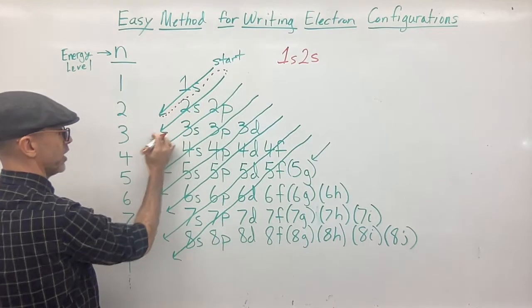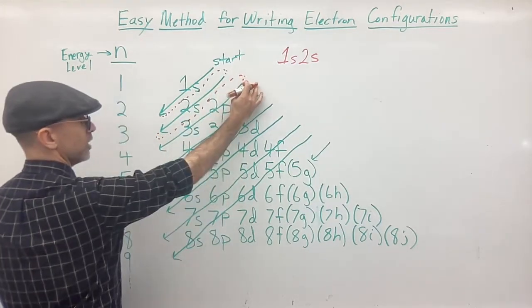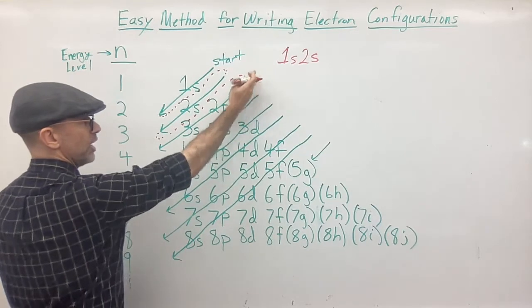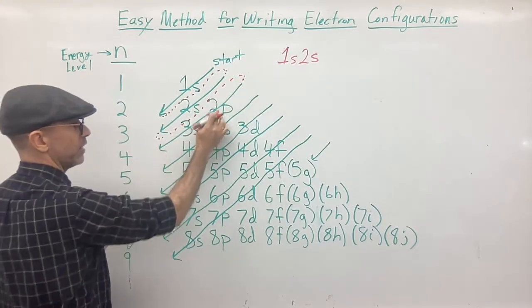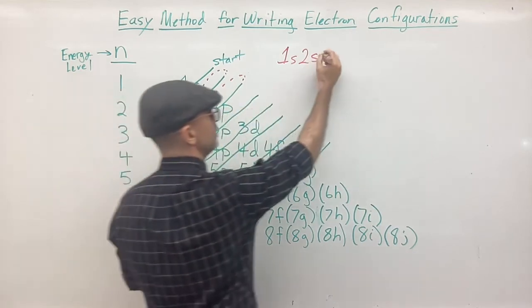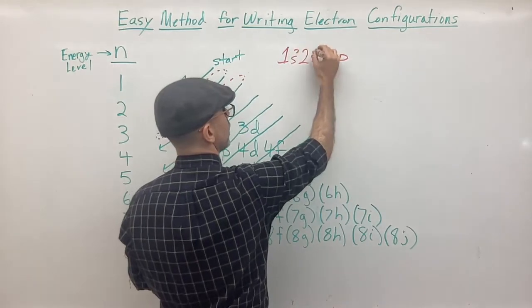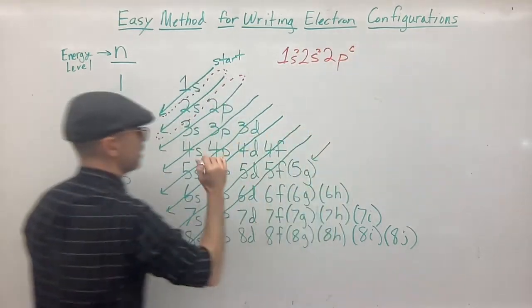Then I go back to the end of this arrow and follow this diagonally, and the first one is the 2p. I'm going to fill in the 2p with 6 electrons. So that would be 2p6. I should put 2 in there, 2 in there, and 6 in there.